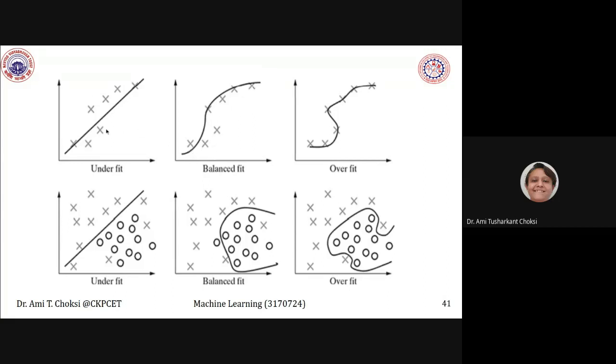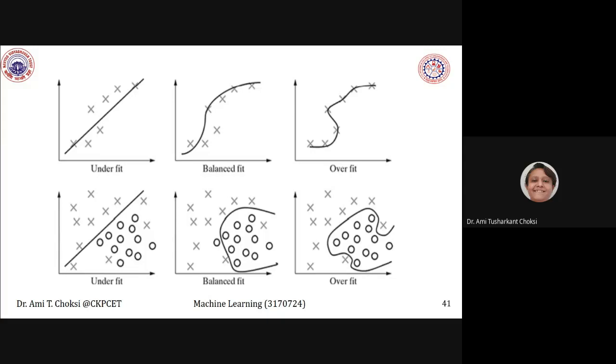That is, it is fitting at least more than this one. And for overfit, whatever is there, less than that, right? So that is the balance fit. Overfit, where you can say almost all data are fit on the curve, right? Same way here we can say underfit, here balance fit, that is, for this curve most of the data are fit inside that curve.